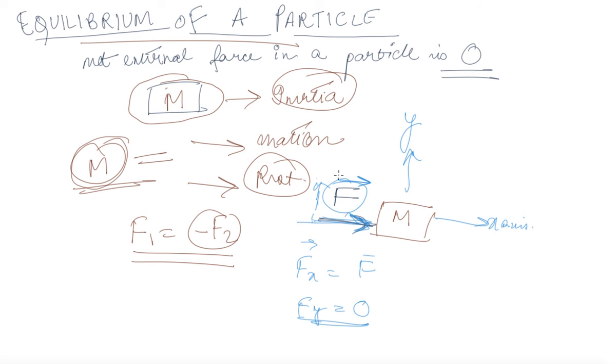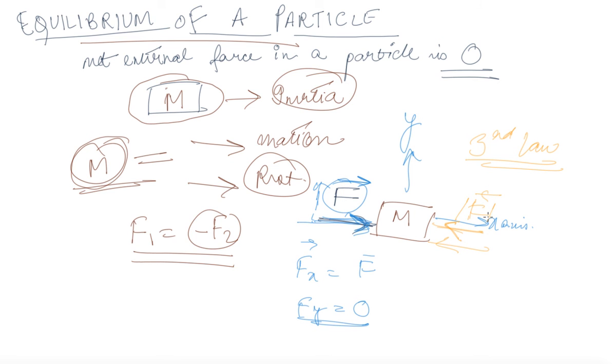Now when we talk about the net force being 0, if a force of F has been applied over here, in order to neutralize this, we need another force, and it should be equal and opposite. Now we are also using Newton's third law, which states that the magnitude should be F, and it should be equal and opposite.